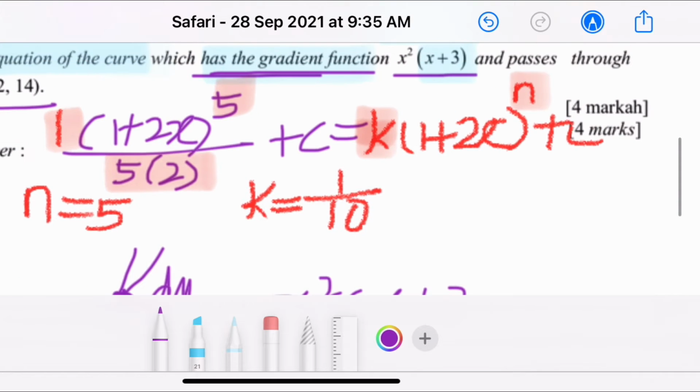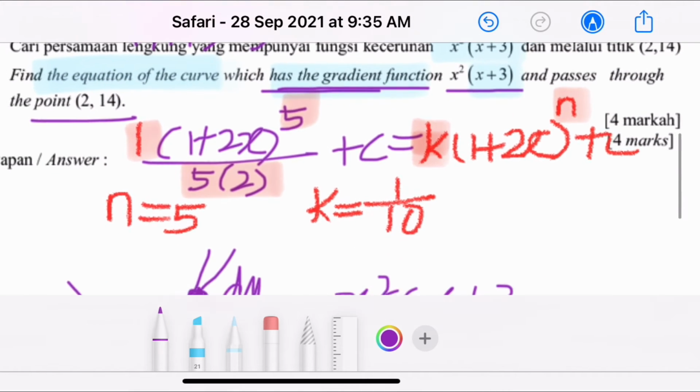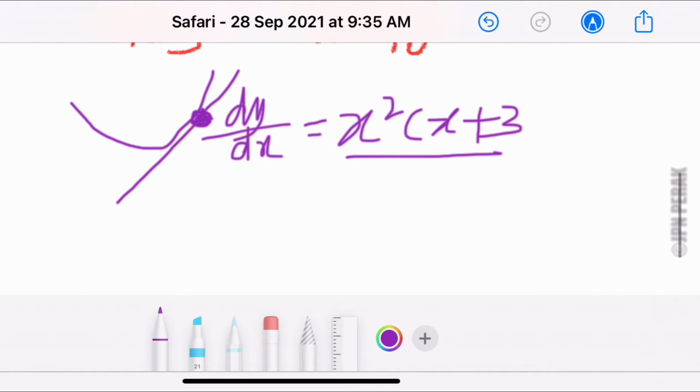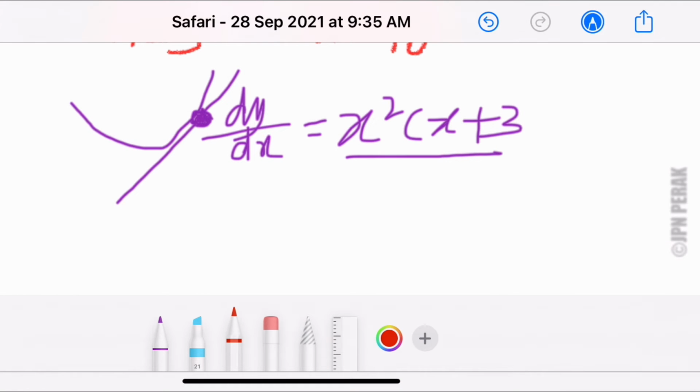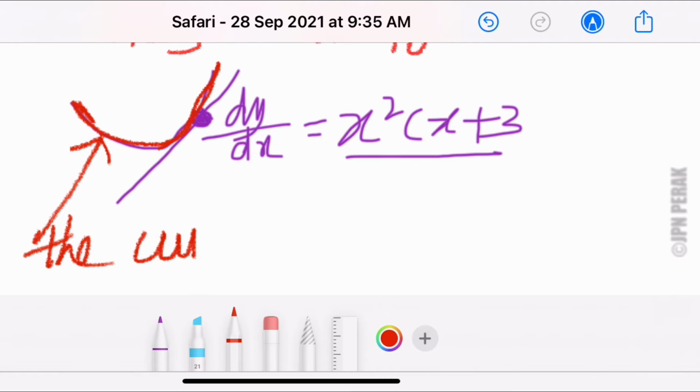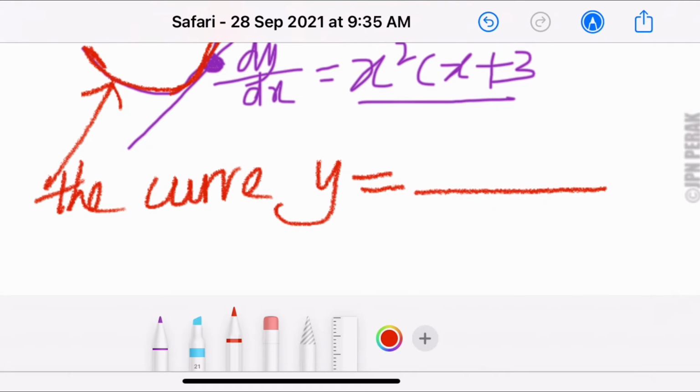So that's called gradient function. And then we are asked to find the equation of the curve, which is the curve that we want to find. This is called the curve. So in fact, the curve is y equals something. So from dy/dx, you want to get y.